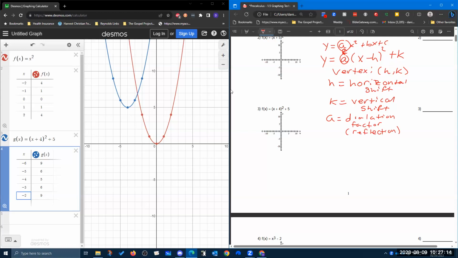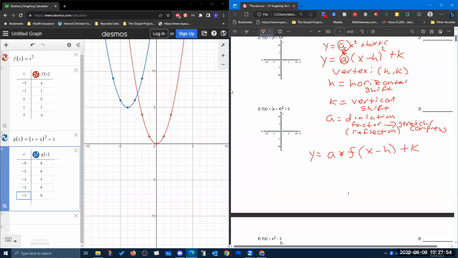So this is going to stretch or shrink, compress, let's say, the graph vertically. That will be our next video that we talk about dilations. We're only going to talk about translations today with this h and k. So more generically, we can get y equal to a times some function that I can put x minus h into and add a plus k outside.